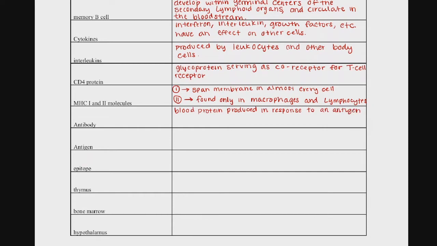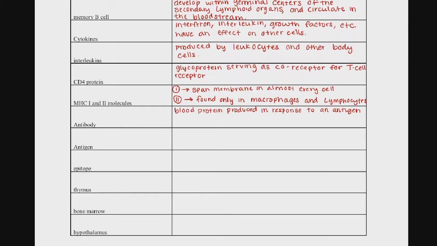And what they do, just to give you a little bit more of an in-depth definition, it's not on the sheet, is that antibodies combine chemically with substances which the body recognizes as foreign, not from our bodies, things that we haven't seen before, things potentially dangerous such as bacteria, viruses, other foreign substances in the blood.